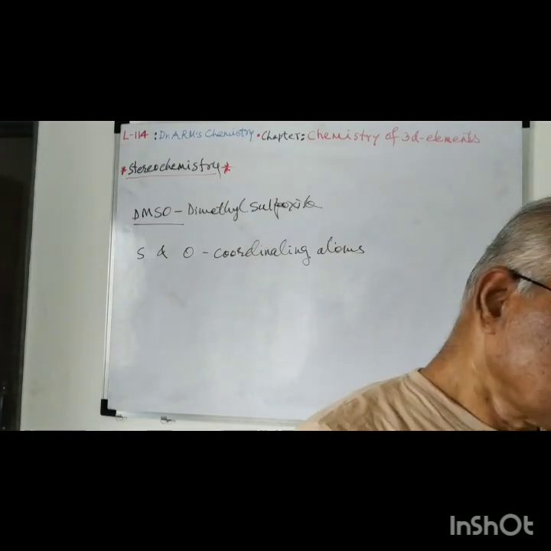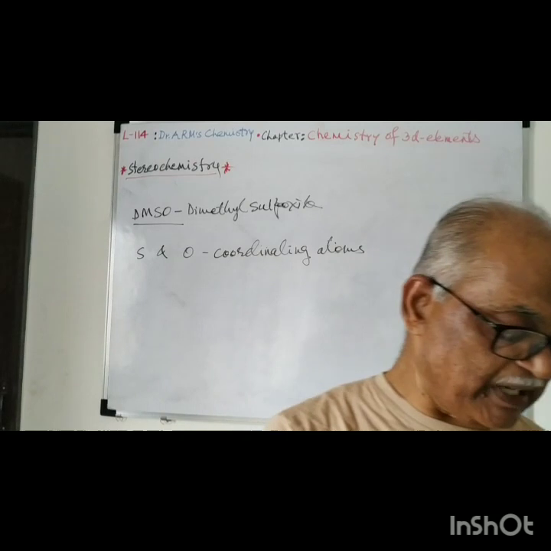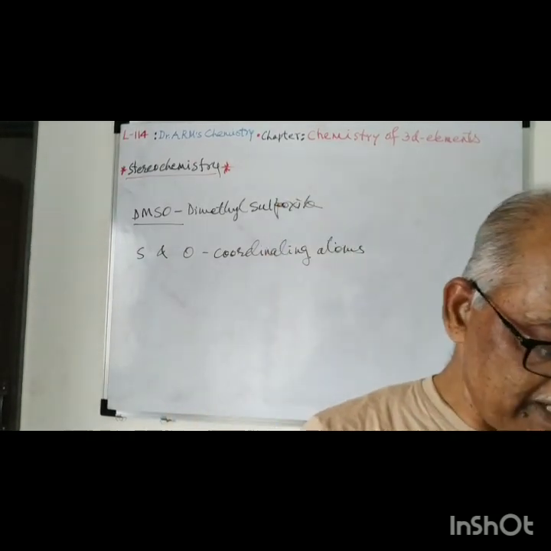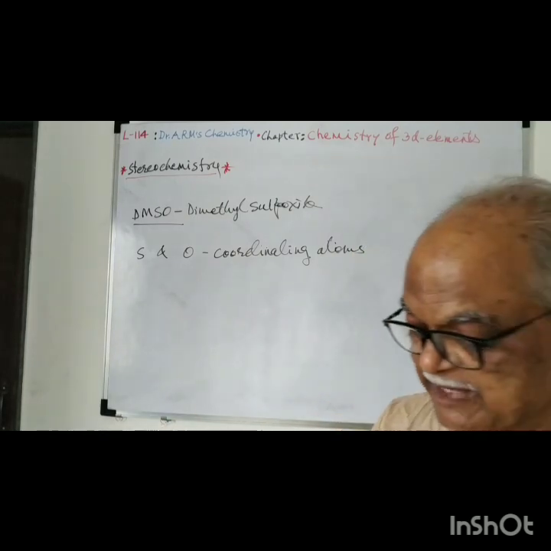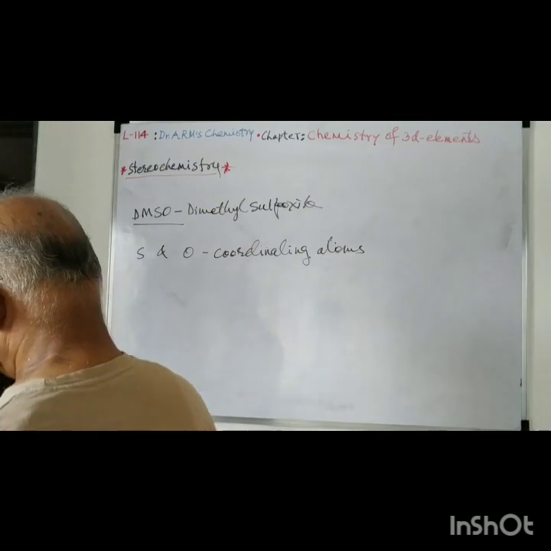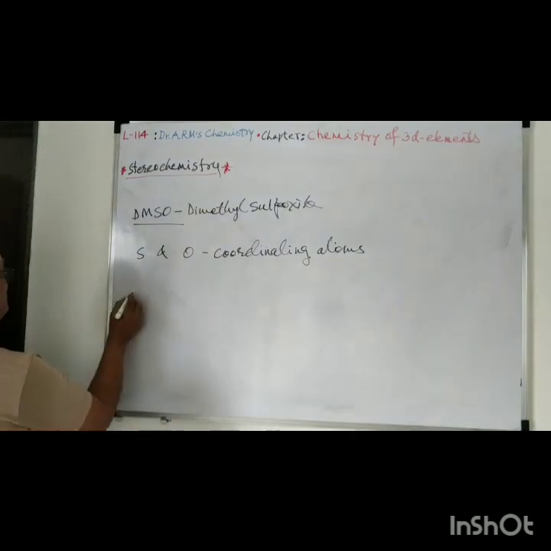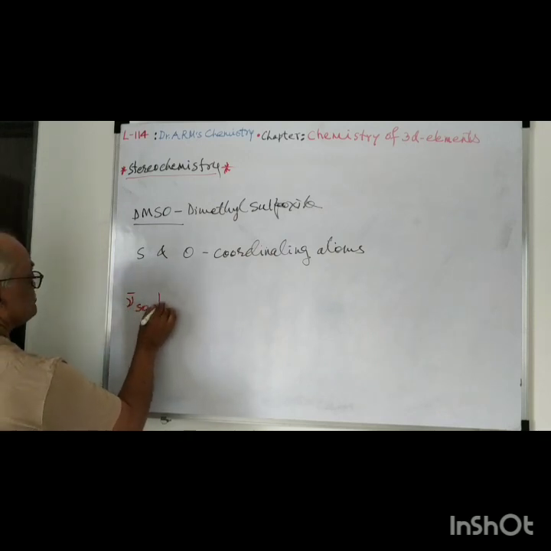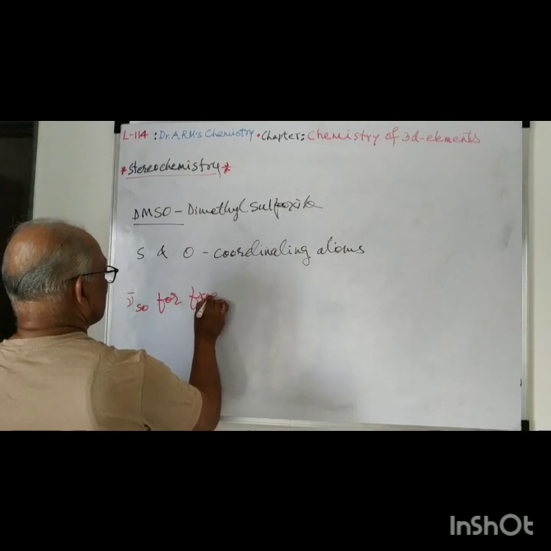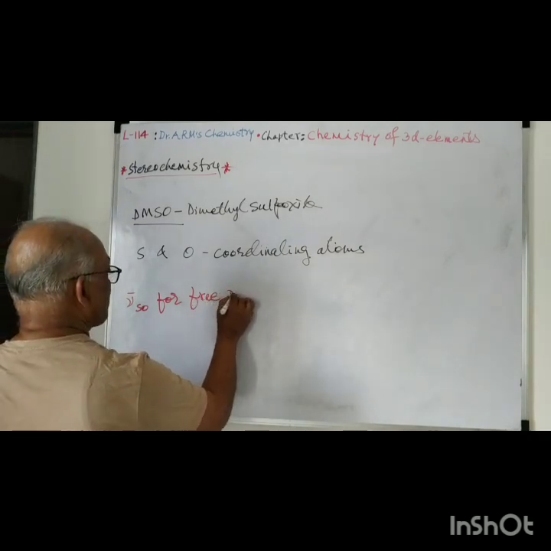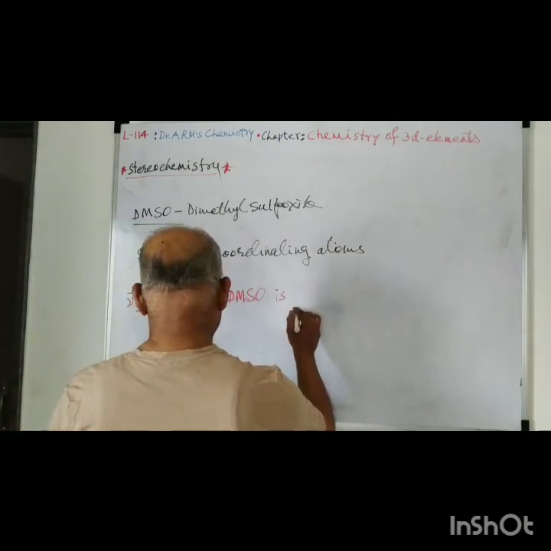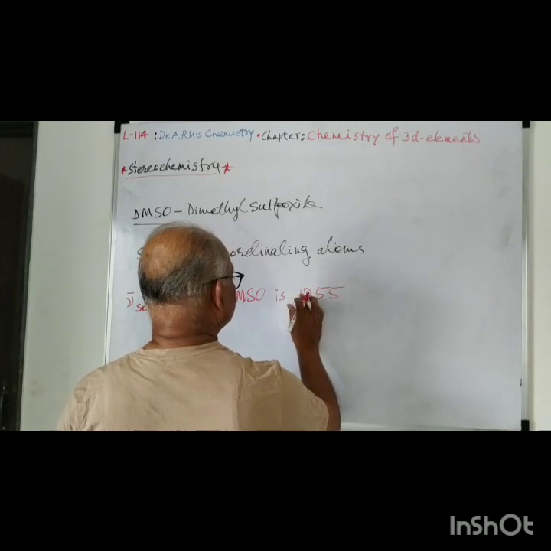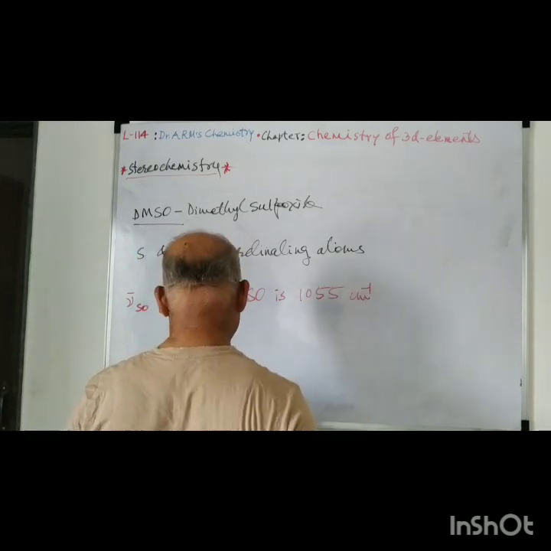Now, infrared absorption spectroscopy can also show the distinction between these sulfoxides with different points of attachment, that is S or O. So for example, nu bar for free dimethyl sulfoxide, DMSO, is 1055 per centimeter.